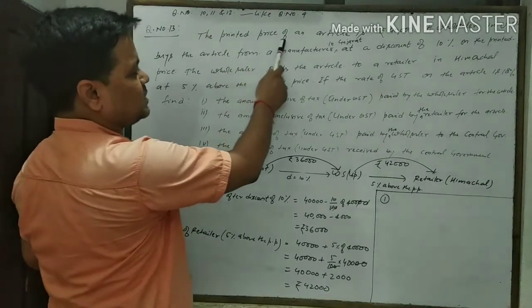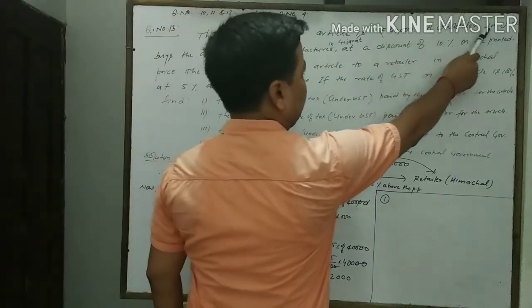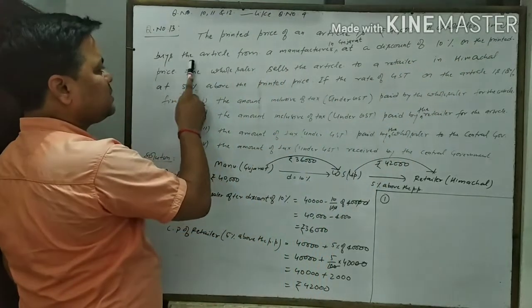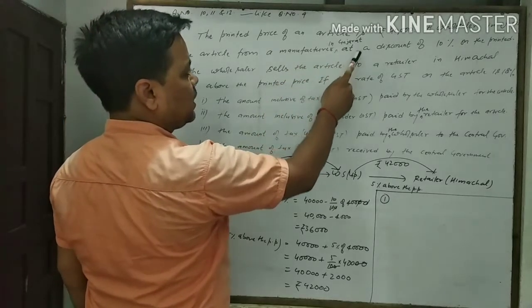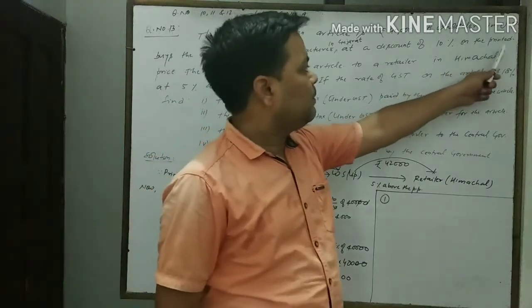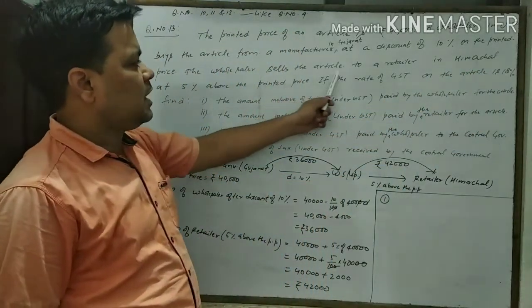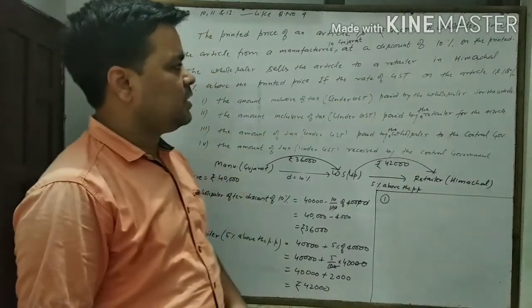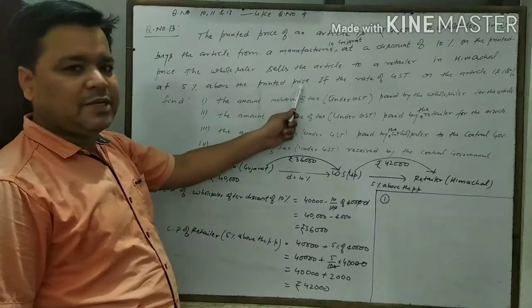The printed price of an article is 40,000 rupees. A wholesaler in UP buys the article from a manufacturer in Gujarat at a discount of 10% on the printed price. The wholesaler sells the article to a retailer in Himachal at 5% above the printed price.